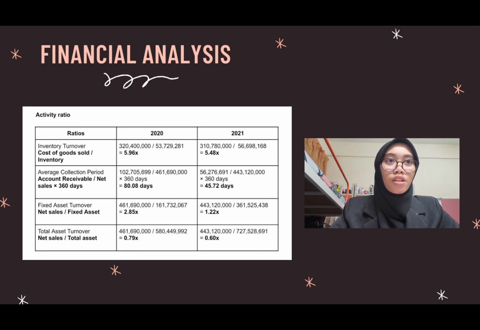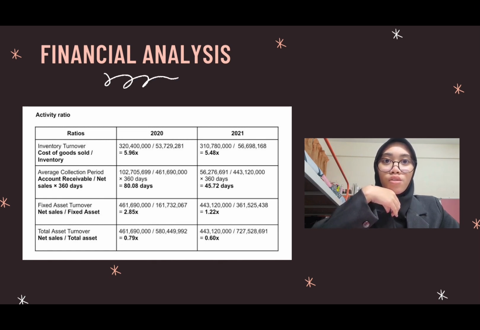Based on the table, the inventory turnover for the year 2021 shows that the firm is able to produce 5 ringgit 48 cent of cost of goods sold. Meanwhile, the average collection period for the year 2021 shows that the firm is able to collect the receivables in 45.72 days. The fixed asset turnover for the year 2021 shows that Ajinomoto Berhad manages to generate 1 ringgit 22 cent for 1 ringgit investment in its fixed assets.